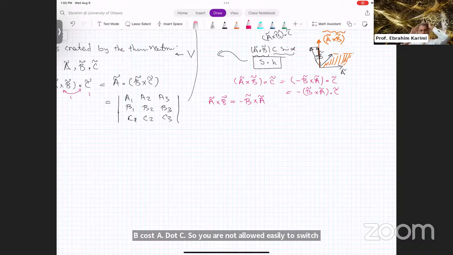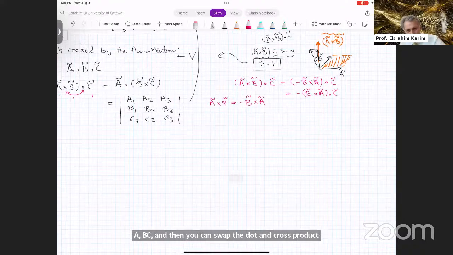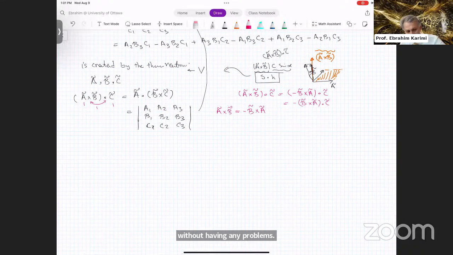The sequence should be the same, A, B, C, and then you can swap the dot and cross product without any problems. So do we have any questions, or are we okay?